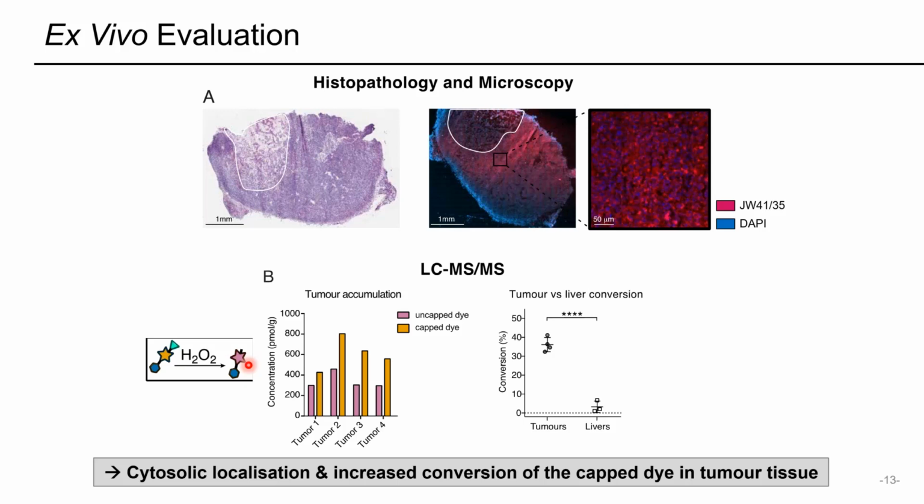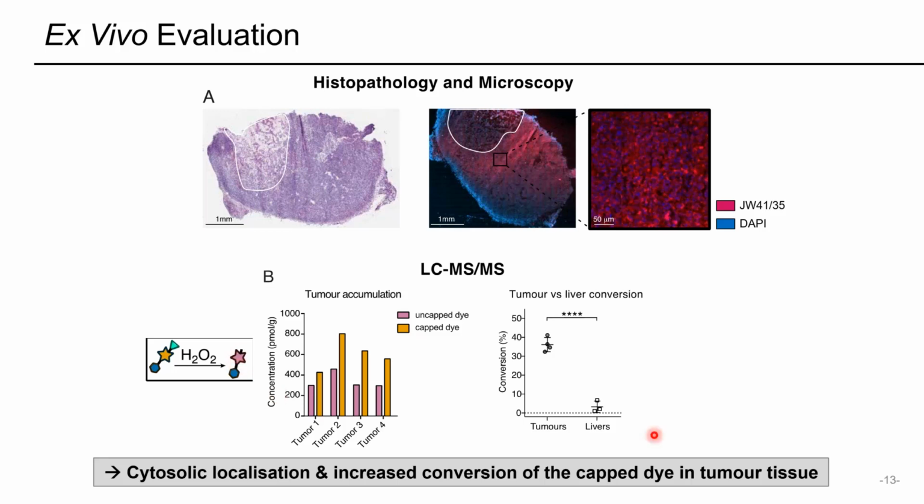And therefore, we have set up an LC-MS method that enabled us to measure the relative amount of the capped to the uncapped dye in the tumor as well as in the liver. As you can see here, we only injected the capped version of the dye, but with the LC-MS we could always also detect the uncapped dye in the tumor, meaning that around 35 to 40% got converted from the capped version into the uncapped version inside our tumors.